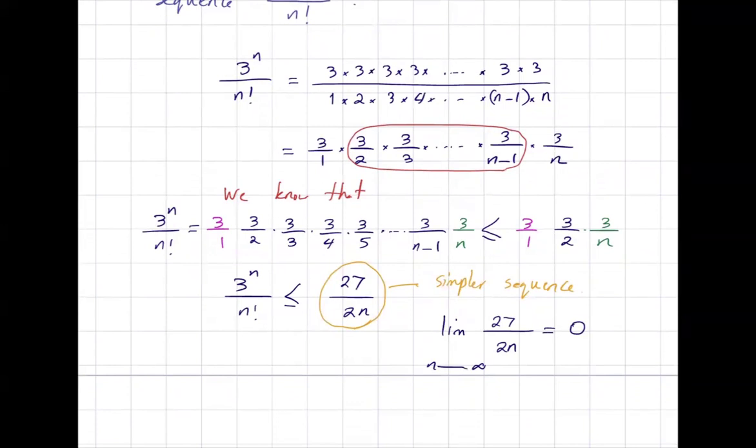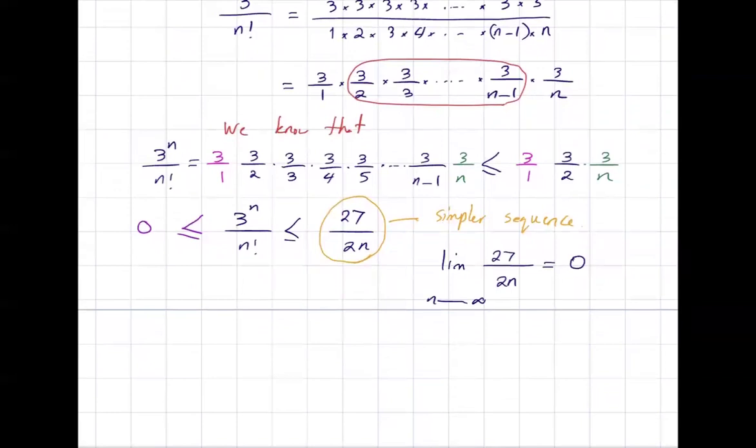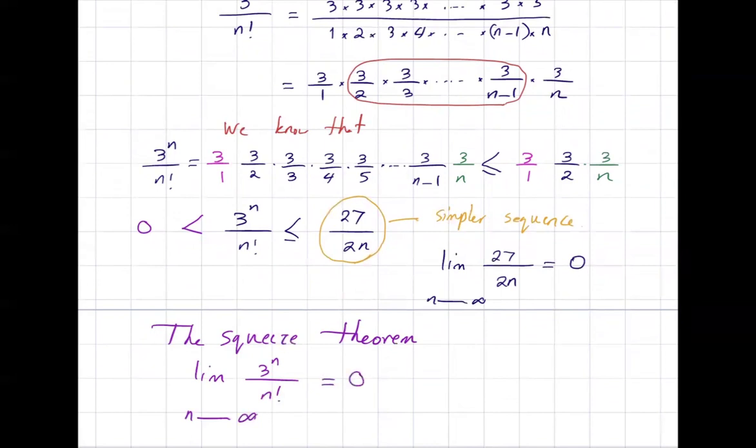Also note that this guy is more than 0. So the limit on the left is 0, the limit on the right is 0. If you have applied the squeeze theorem, the limit of 3 to the n divided by n factorial as n goes to infinity must be equal to 0.